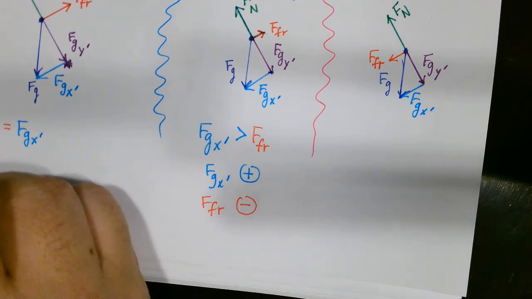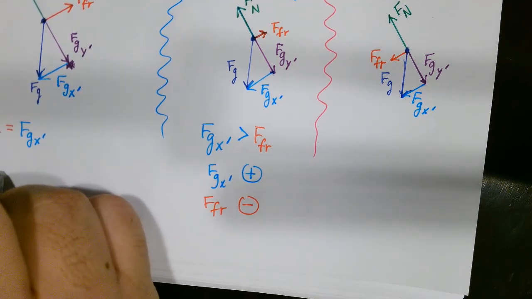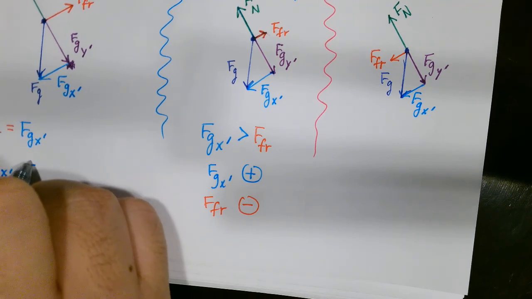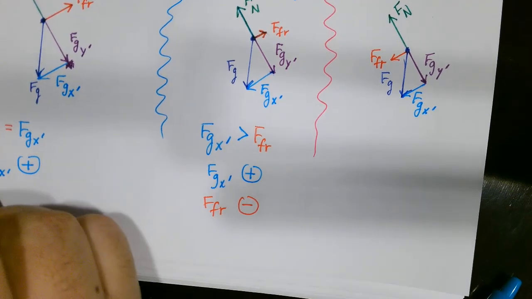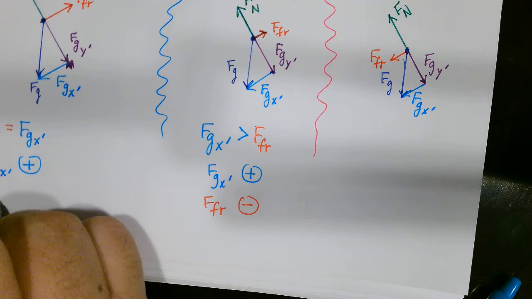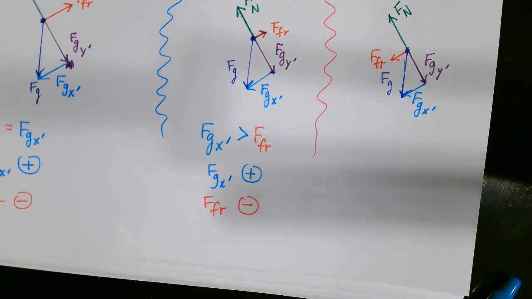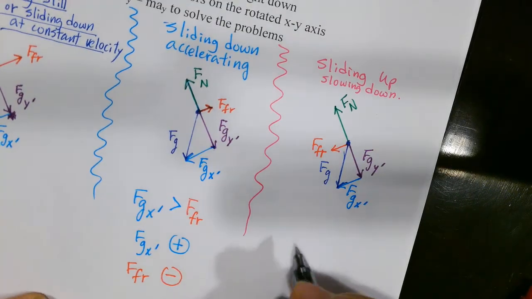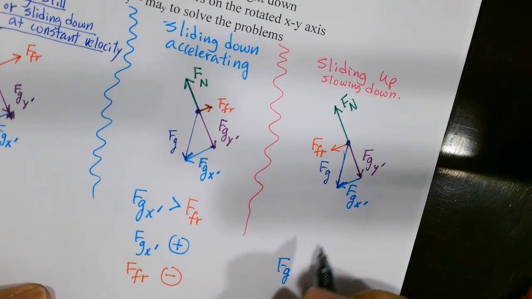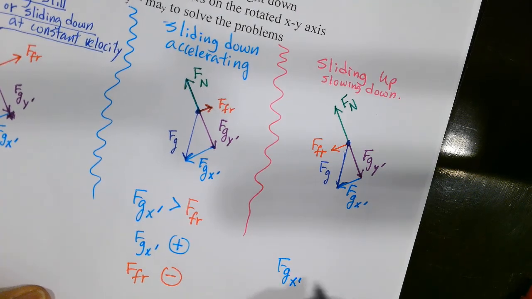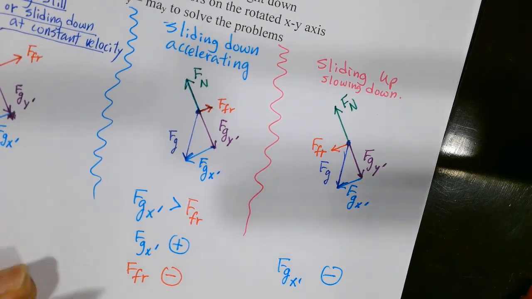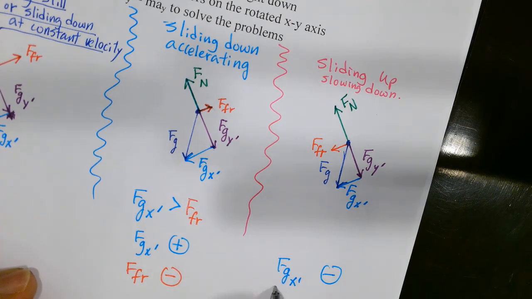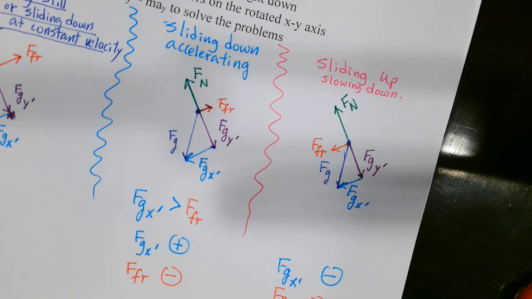Here, your FGX prime is positive, and your friction here is negative. Here, your FGX prime is negative, and your F friction is also negative.